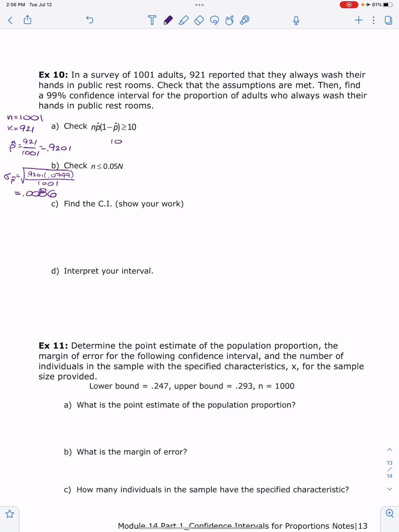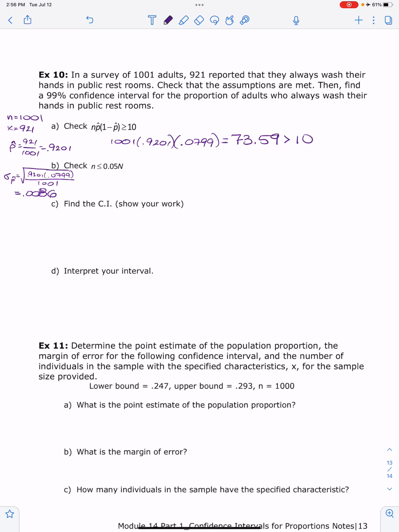So we are going to check. We get 73.59, which is greater than 10.